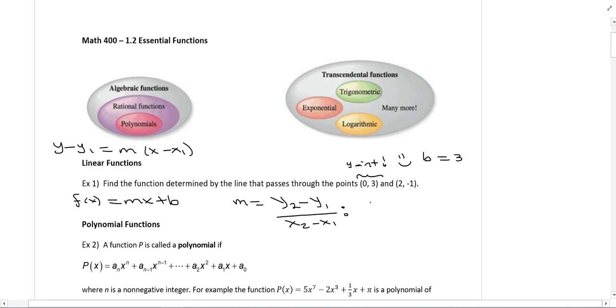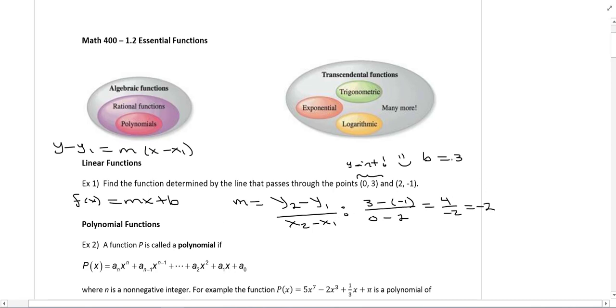So our slope is going to be 3 minus a negative 1. Since I started with 3 for the y, I have to start with 0 for the x: 0 minus 2. So I have 3 plus 1, which is 4, over negative 2. So the slope is negative 2.